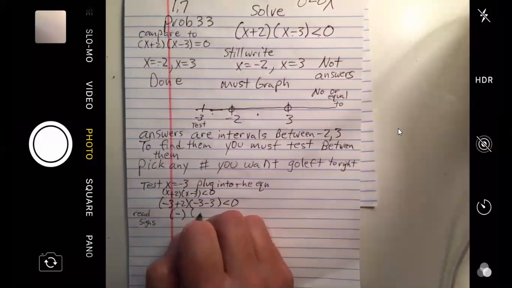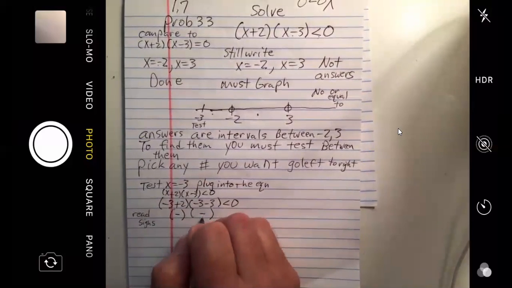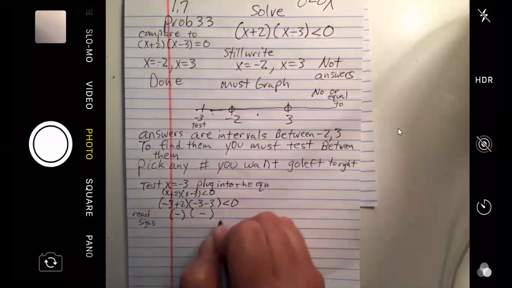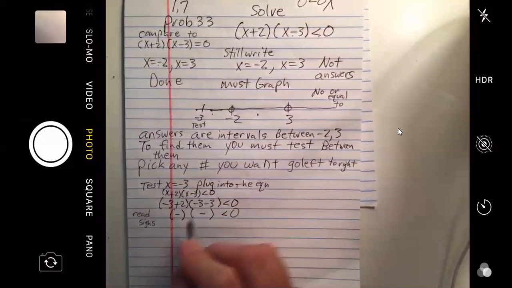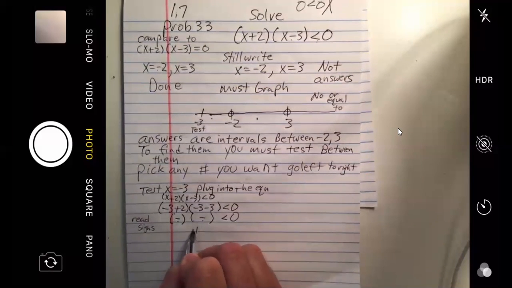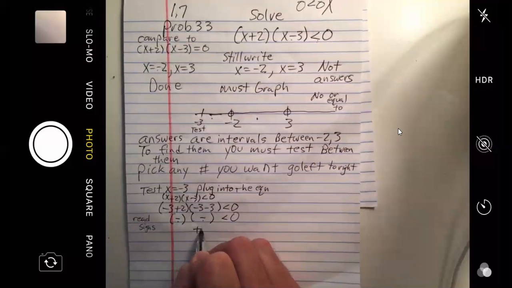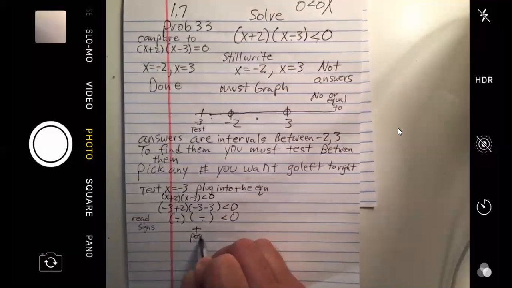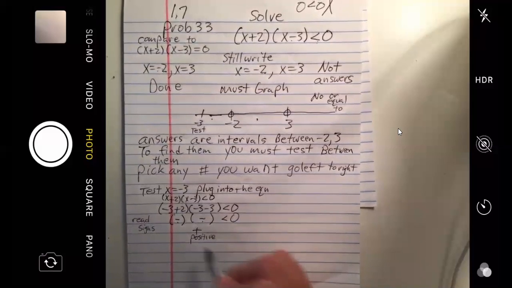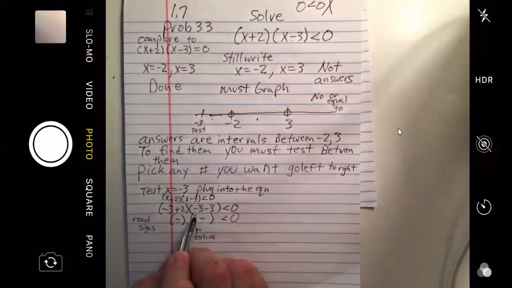This is also negative. -3 minus 3 is -6. But a negative number times a negative number is a positive number. This side is positive. When these multiply, even though each piece is negative, they multiply to a positive.